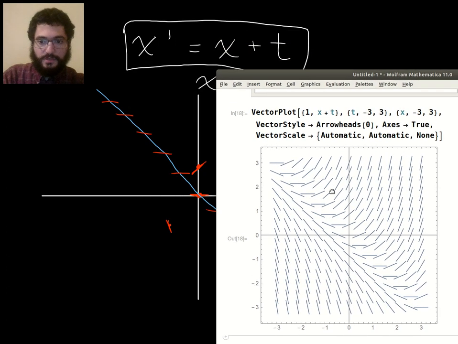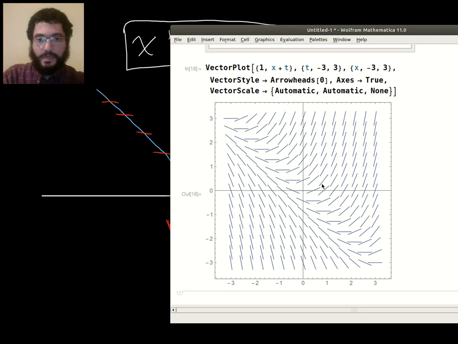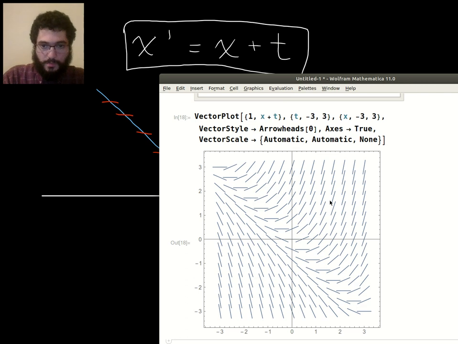So if you want to visualize what is x prime equals x plus t, what is that saying? Well, this is what it's saying. Just to summarize and clarify, here the horizontal axis is t, the vertical axis is x, and any point is going to be a tx pair, a time-state pair, right?